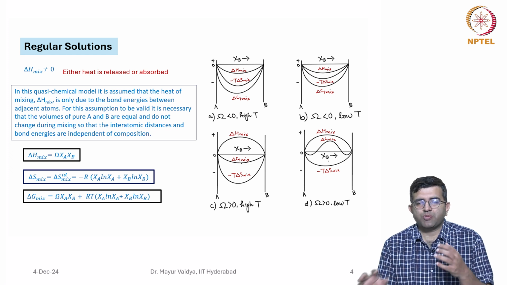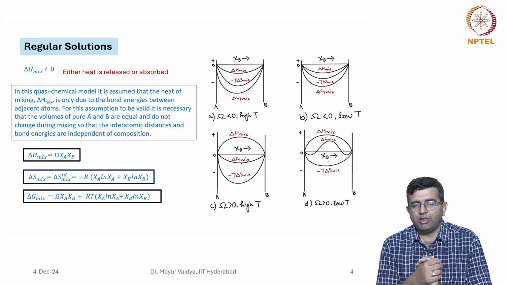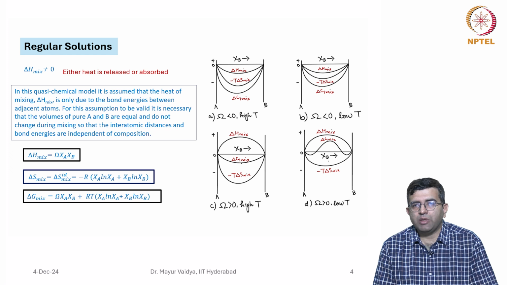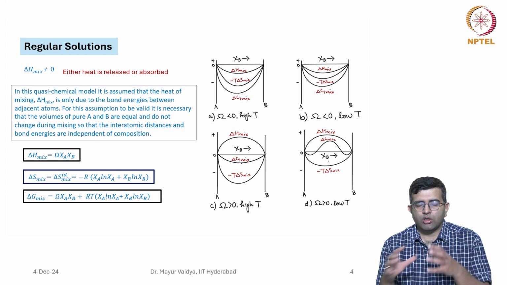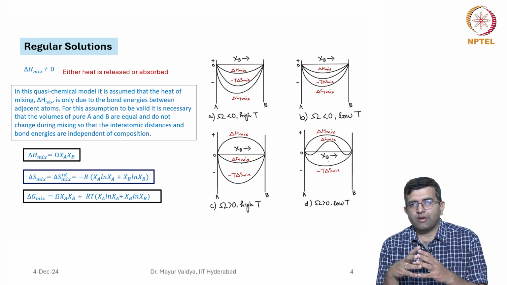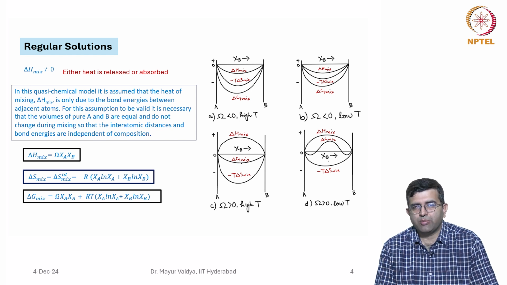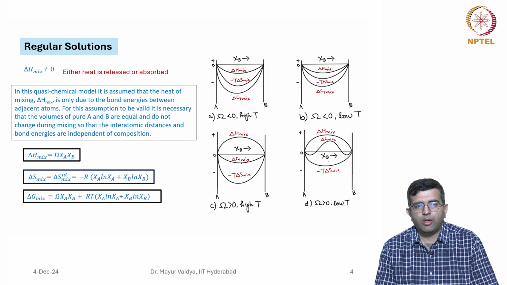If delta G mix is positive, that means the free energy change is positive, which is not a favorable thermodynamic condition. So, therefore, if you let us say mix A and B, where the omega is positive and you have mixed at this lower temperature, then throughout the composition you are not going to get a single phase regime. There is a region where a single phase is not stable, and later we will see that it actually prefers then to have a two phase mixture.